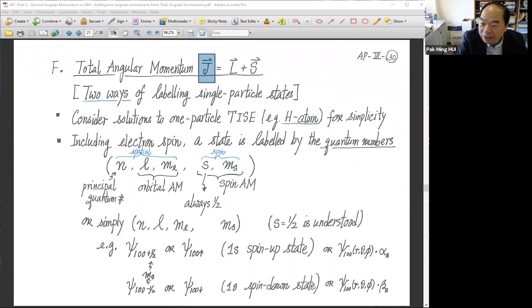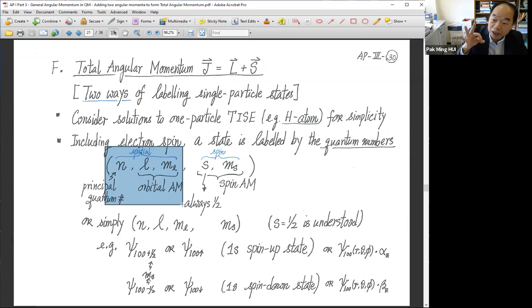And we have a concrete example in hand, right? So let me motivate the problem with the hydrogen atom. In a hydrogen state, the Schrödinger equation solutions carry three quantum numbers because it is a 3D spatial problem. You have a principal quantum number n, and you have l and ml. This l and ml go with the orbital angular momentum.